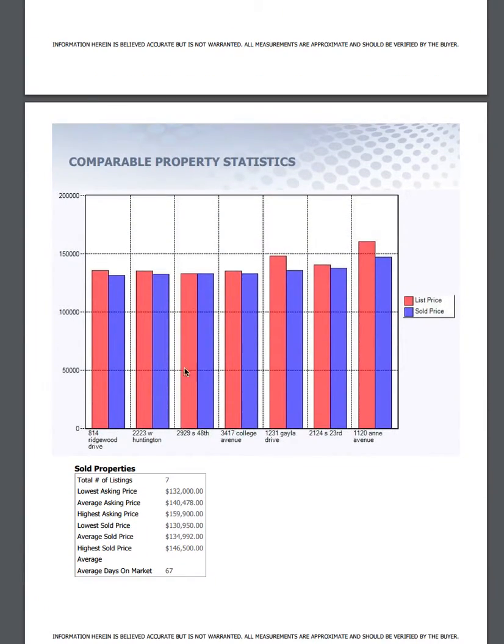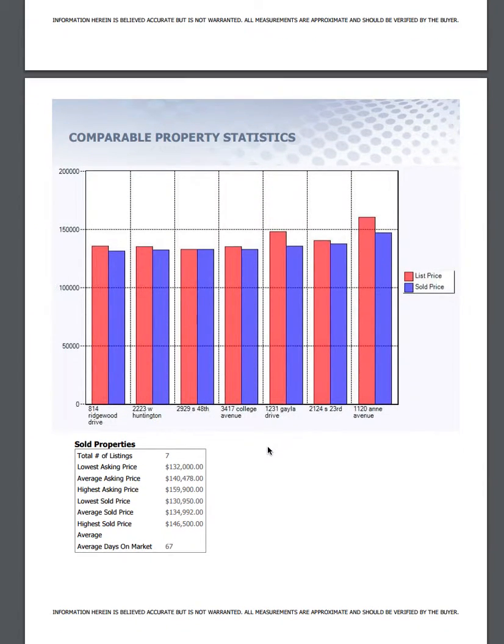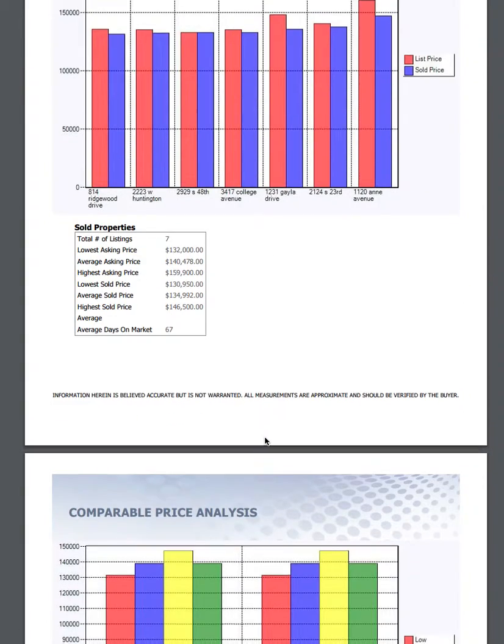All right, and here's a breakdown of all the sold properties. As you can see in this example, there were only 7 properties that sold in the last 6 months, and I did all brick ranches. So there were 7 brick ranches that have sold in this particular area within the last 6 months.